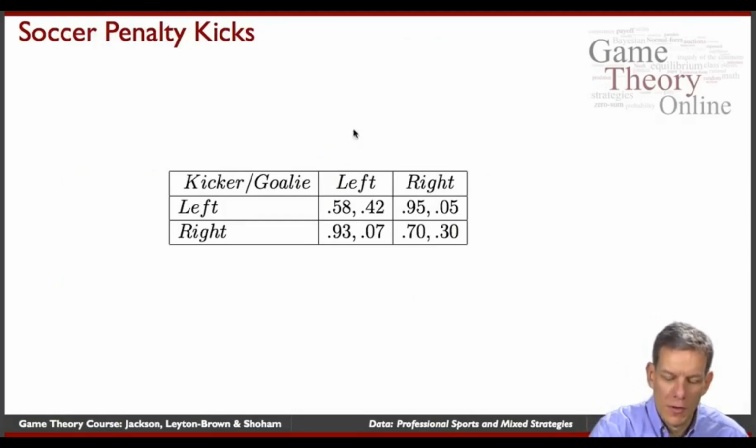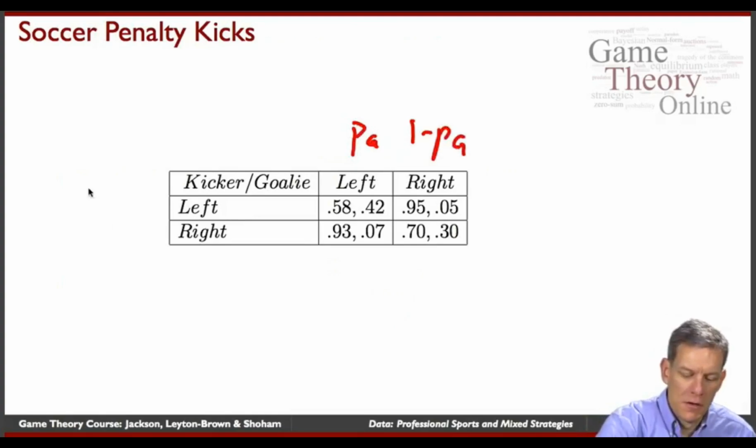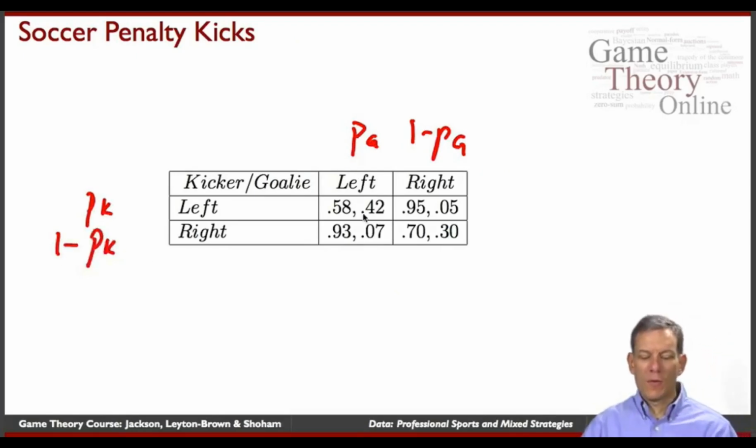You're going to put P sub G here, 1 minus P sub G here, P sub K here, 1 minus P sub K here, and try to solve for the mixed strategy Nash equilibrium of this game. So take a few minutes, pause the video, try to solve that, and then we'll come back and look at what the solution looks like.